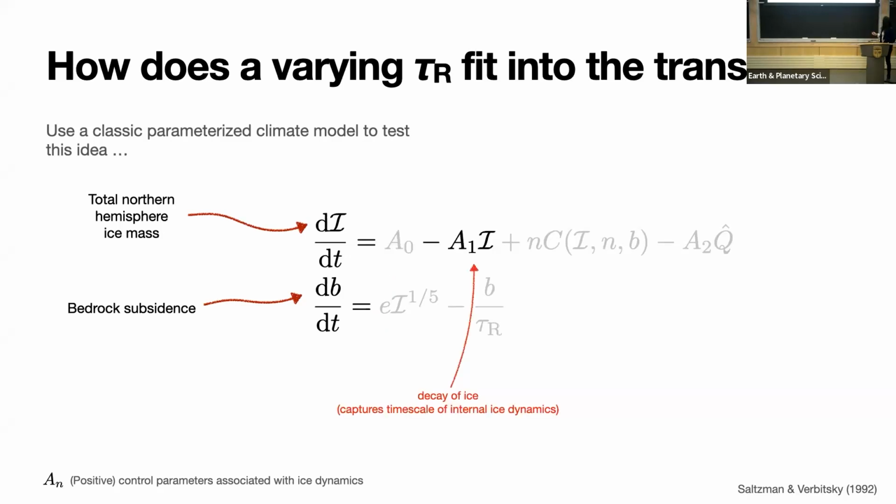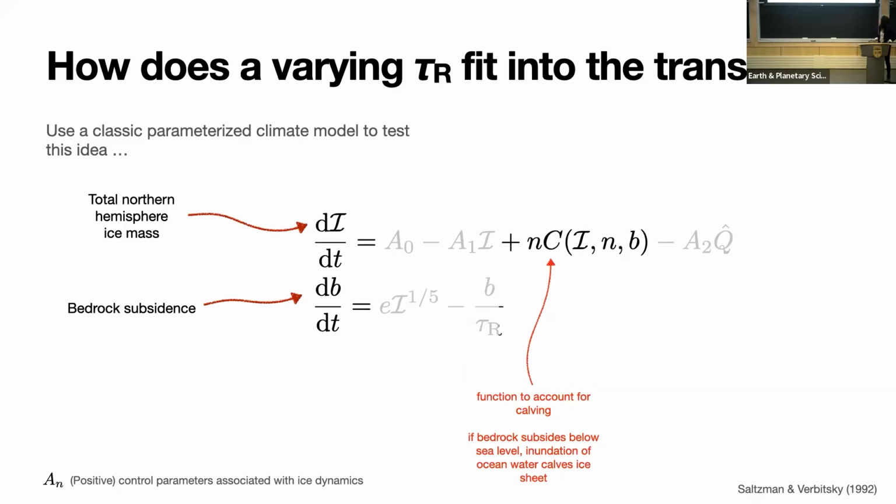This term is basically the decay of ice and captures the timescale of ice flow within the ice sheet itself. This term is an interesting one. It's a function to account for calving. So basically, we have the Arctic Ocean on one side of the Laurentide ice sheet. Once that Laurentide ice sheet hits the Arctic Ocean, it's going to be inundated with warm ocean water, and that's going to rapidly enhance melt at the margins of this ice sheet.